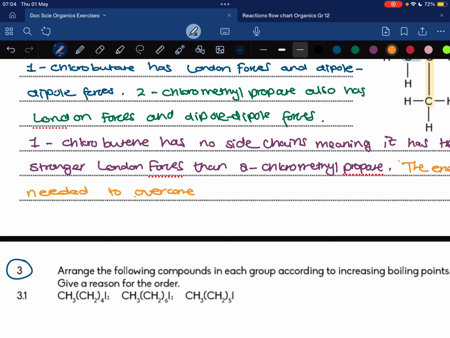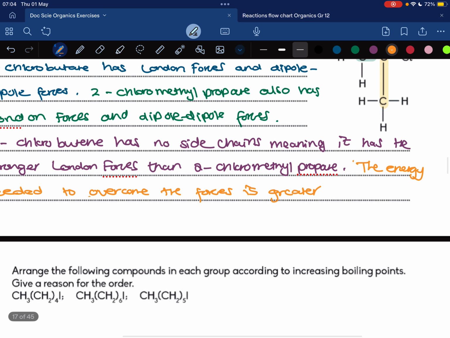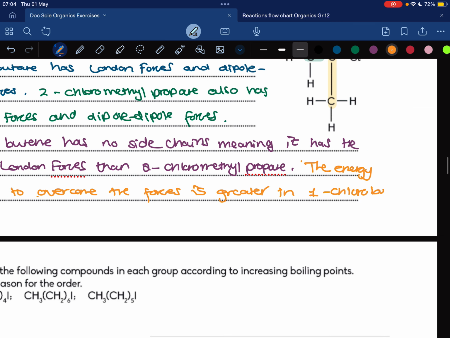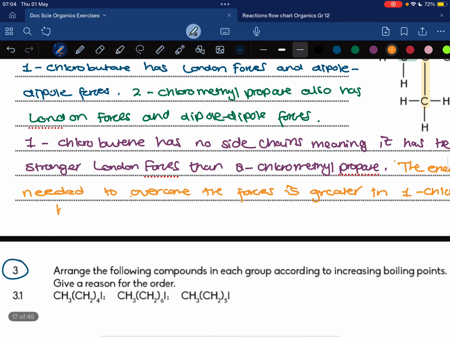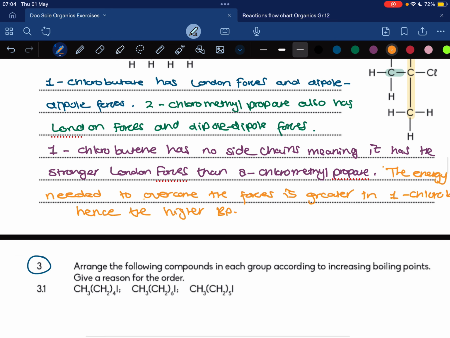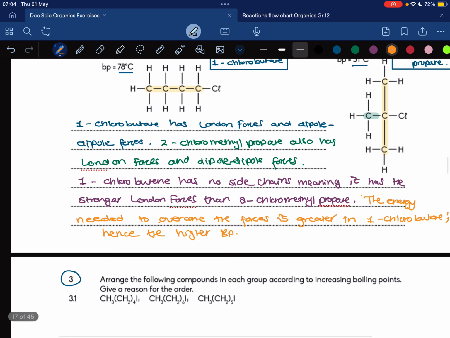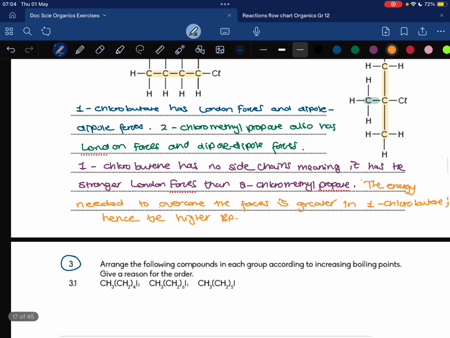So you will say the energy needed to overcome the forces is greater in 1-chlorobutane, hence the higher boiling point. Notice that I've used 4 colors to show you the 4 different points that I'm including when I answer this type of question.